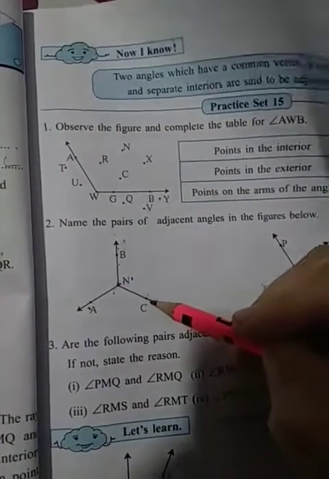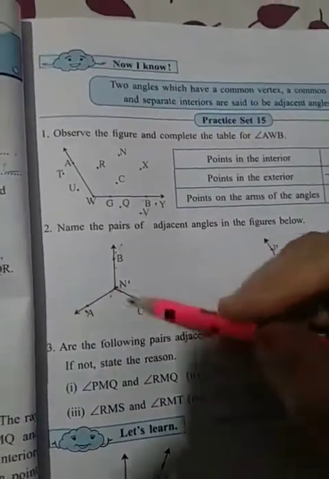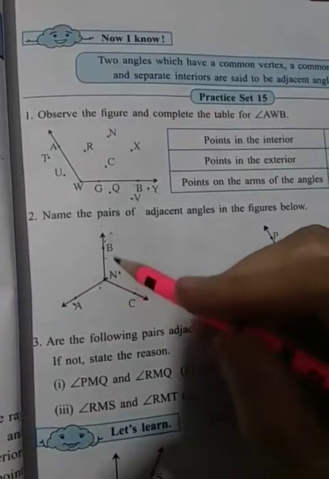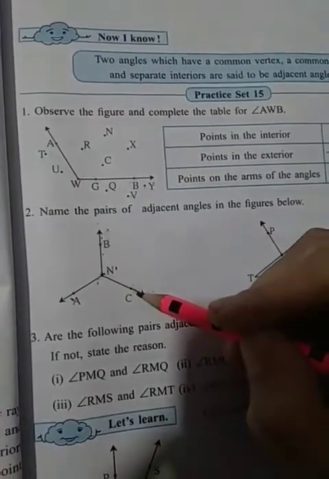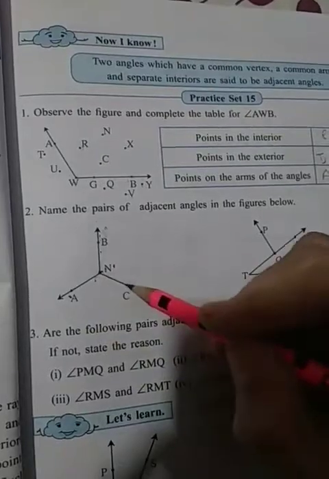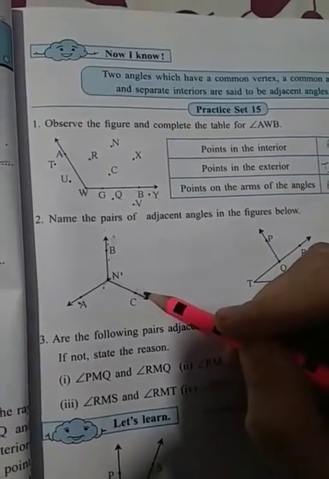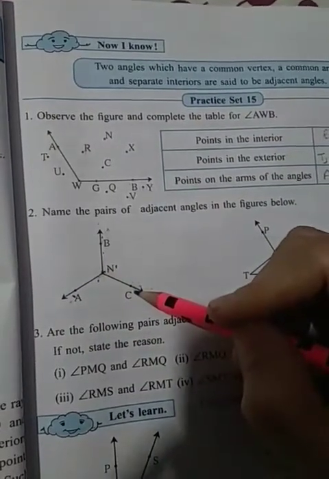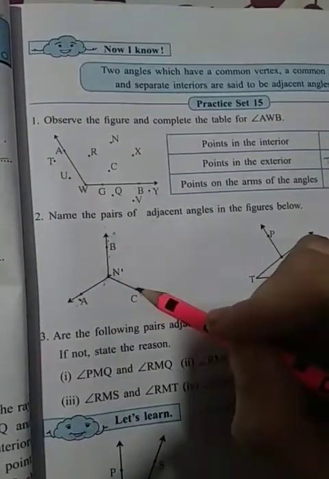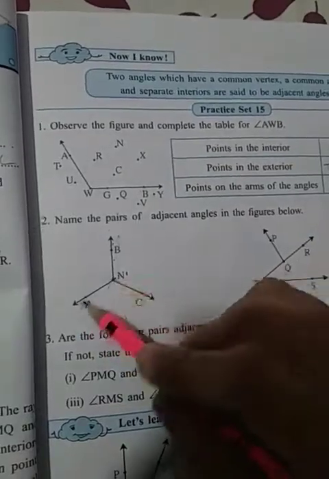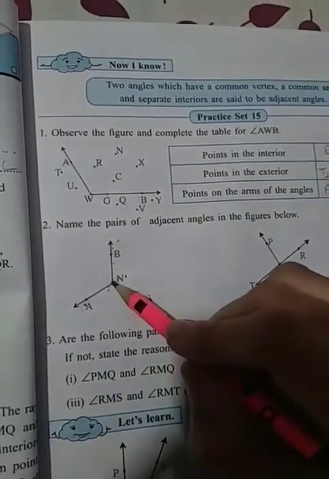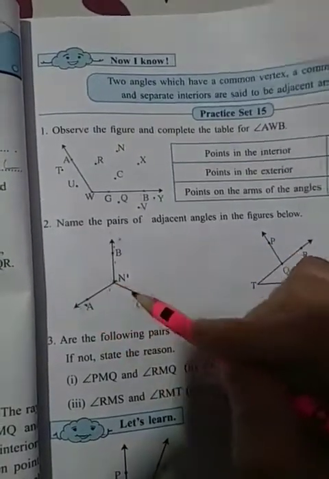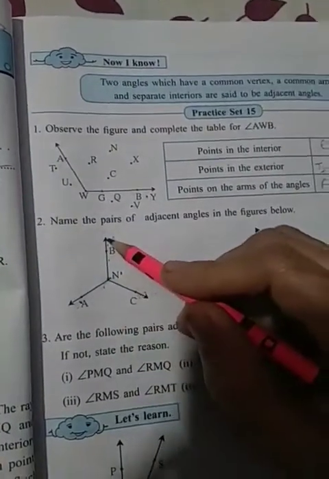That means we will take C and A, or we can take A and C. You can write either, because A and C is the common arm. Then the next pair will be A and C. Here AN is the common arm and N is the common vertex. That means A and C, and A and B.